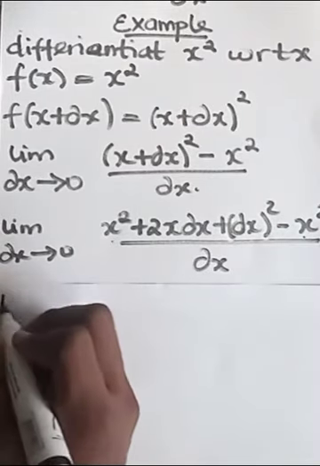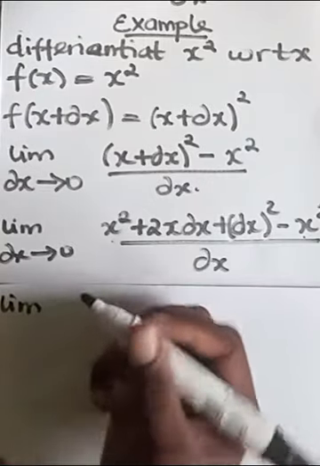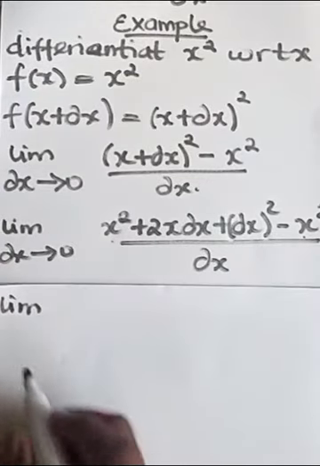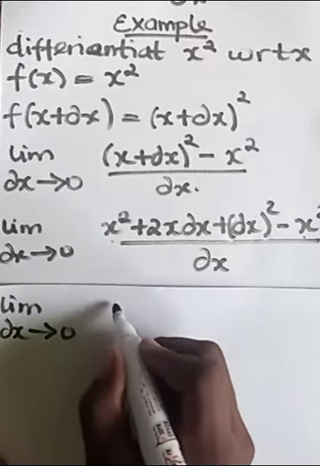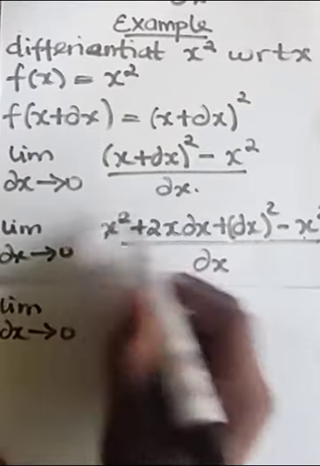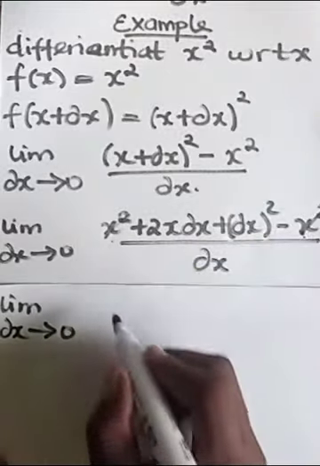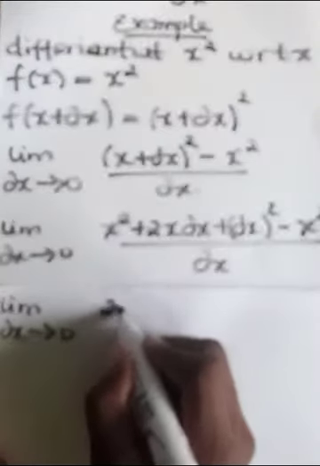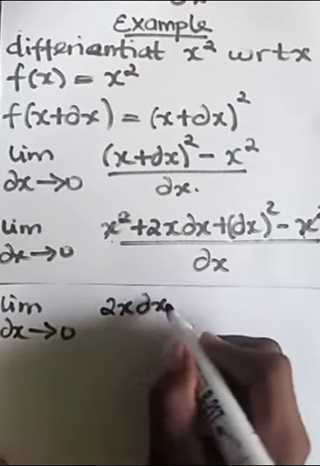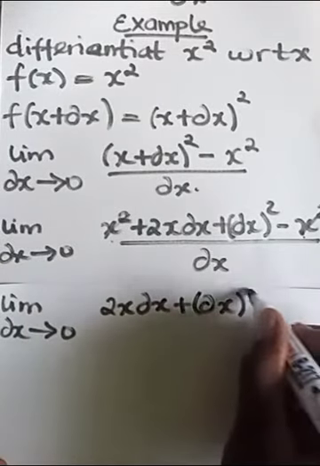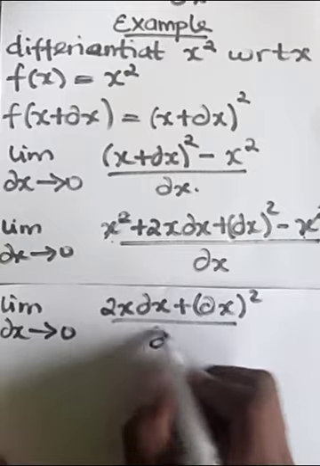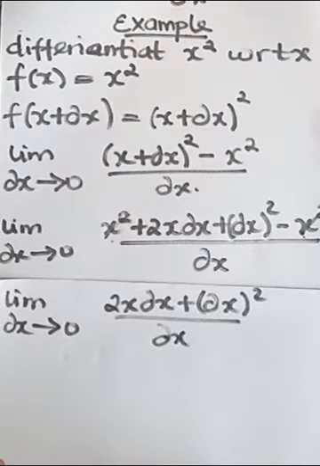So we clearly see here that x squared here can go away with this. So writing it back, we're going to have the limit as delta x tends to 0 of, since this and this can go away, simply 2x delta x plus delta x all squared, all over delta x.